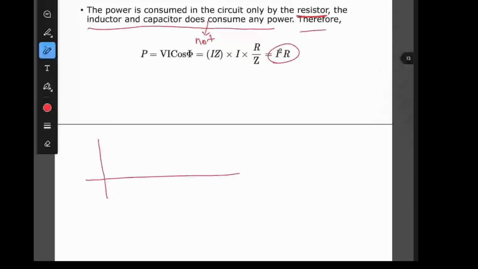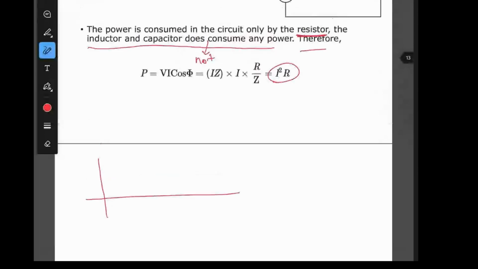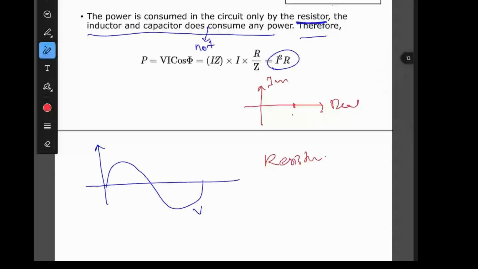Okay, in our circuit, let's say we have current and voltage. Let's say this is our voltage waveform. For the resistor, as in the previous graph, the resistor is on the real axis, the imaginary axis exists as well. So this means that the current and voltage for the resistor are in the same phase.